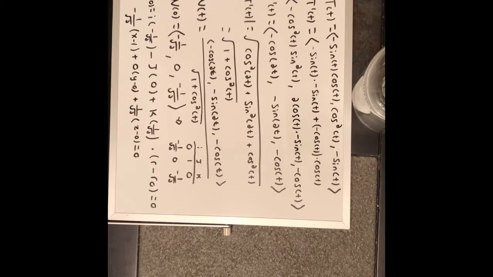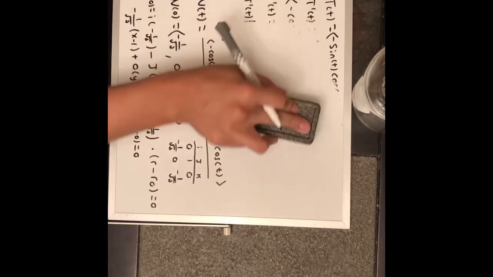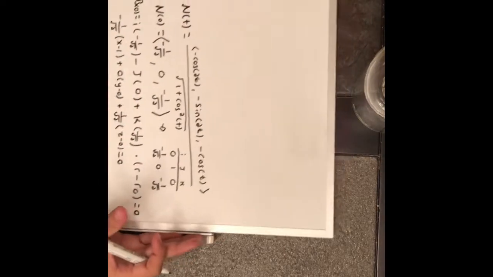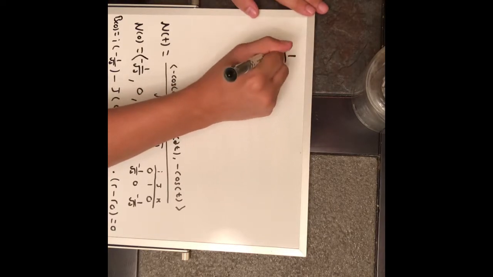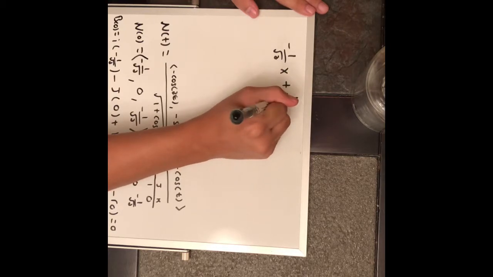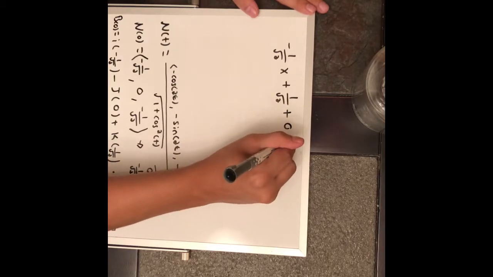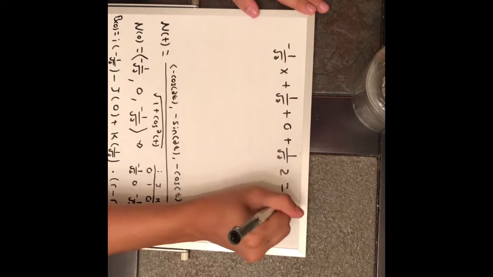So this will end up being, actually let's make some room here. I'm sure we can erase this. This would be negative 1 over square root of 2 x plus 1 over square root of 2, plus 0, plus 1 over square root of 2 z is equal to 0.